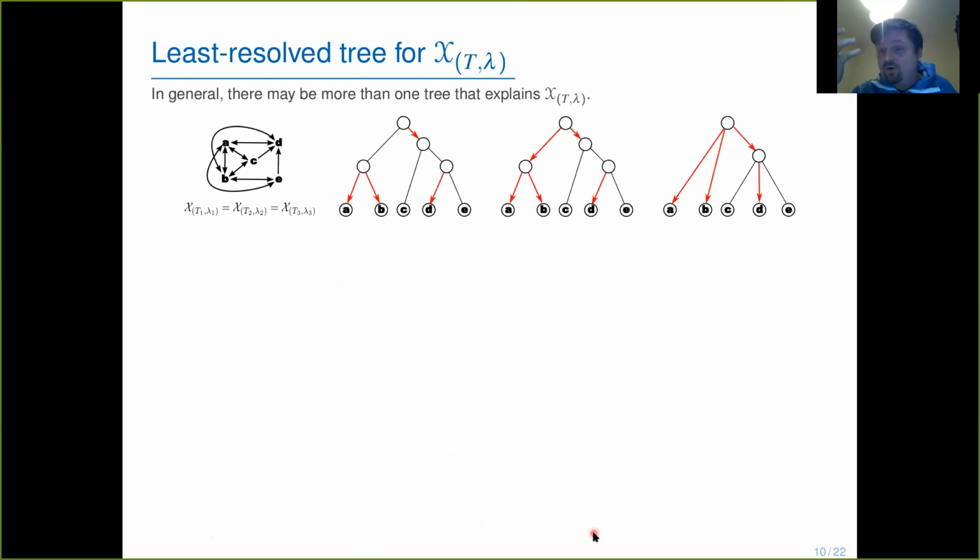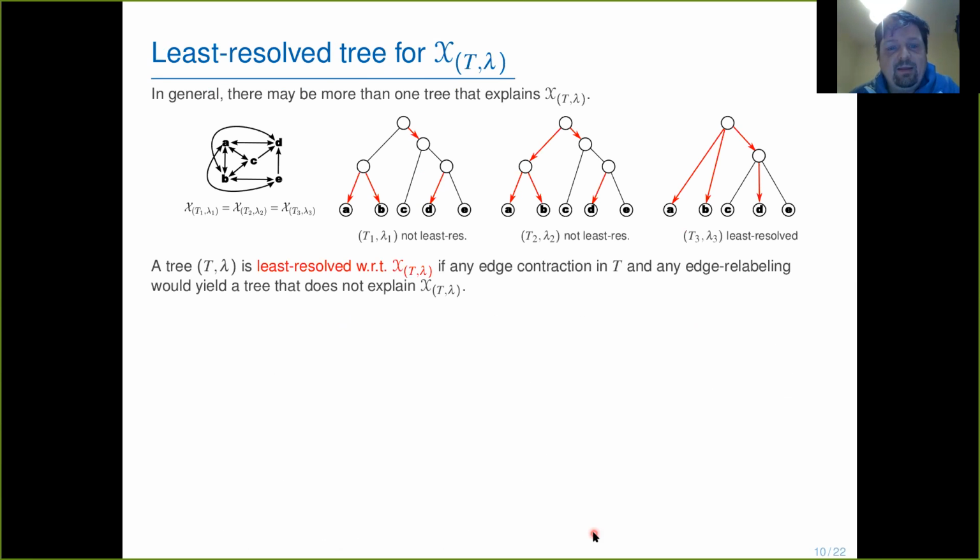So, I mean, of course, we wanted to understand this in some more detail. Are these triples also sufficient, right? And what we needed to understand to this end is a bit more: when do we have a least resolved tree for a given Fitch relation? You can see here 3 different trees that all explain this particular relation here.